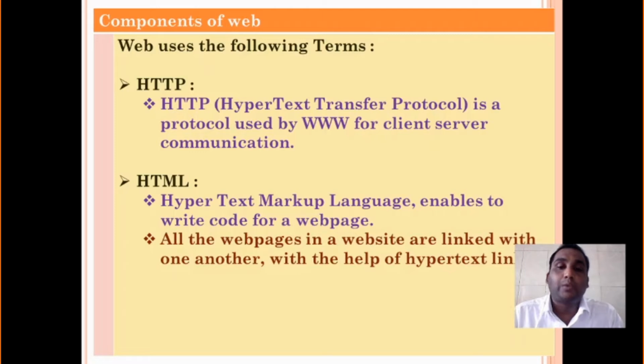All the web pages in a website are linked with one another with the help of hypertext links. In HTML, there is something called linking that we will see when we practically move ahead. All the web pages in the websites are linked with one another with the help of hypertext links.